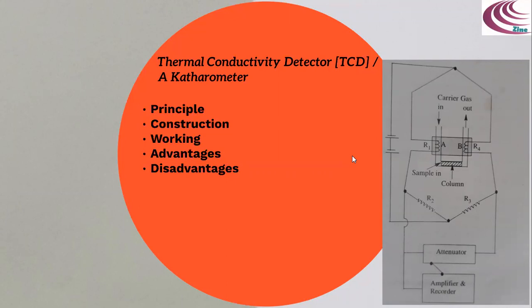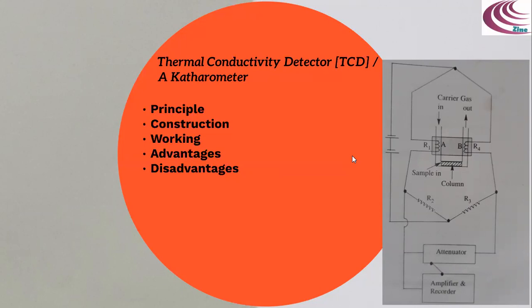The thermal conductivities of hydrogen and helium are roughly 6 to 10 times greater than those of most of the organic compounds. Thus, the presence of even a small amount of an organic compound in the carrier gas brings about a relatively large decrease in the thermal conductivity of the eluate, and this results in a marked rise in the temperature of the detector.